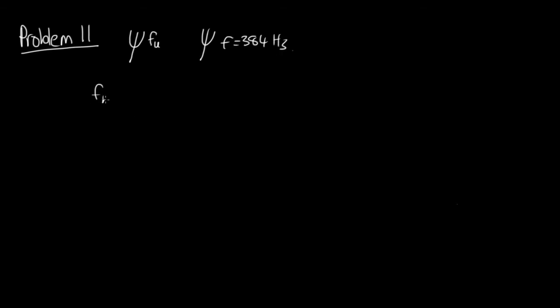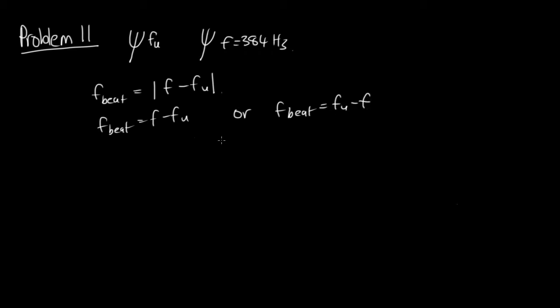And we know that F beat is equal to F minus F underscore U. And so this F beat equals F minus FU, or F beat equals FU minus F, depending on which one is larger.